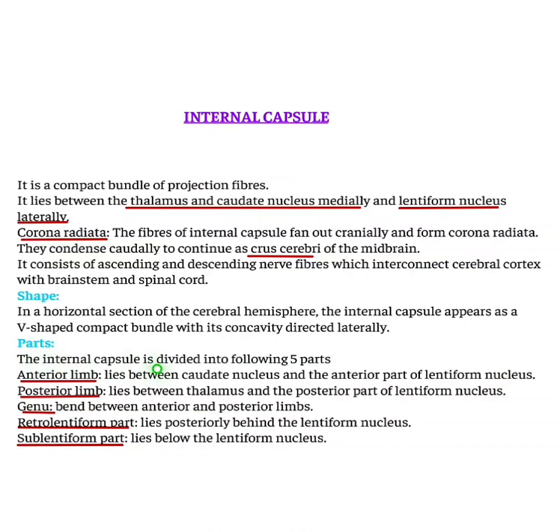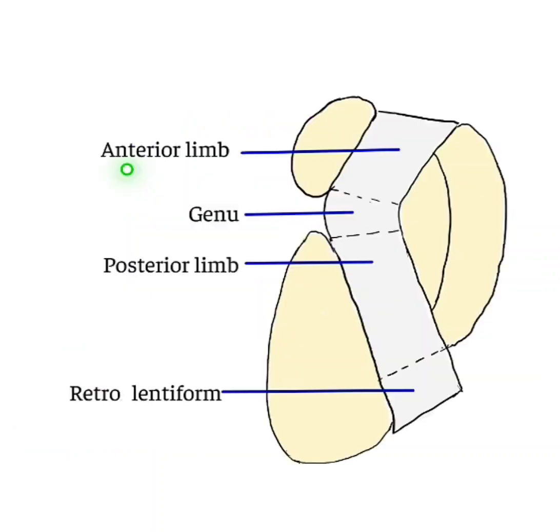The internal capsule is divided into the following 5 parts: anterior limb, posterior limb, genu, retrolentiform part and sublentiform part. Anterior limb lies between caudate nucleus and anterior part of the lentiform nucleus.